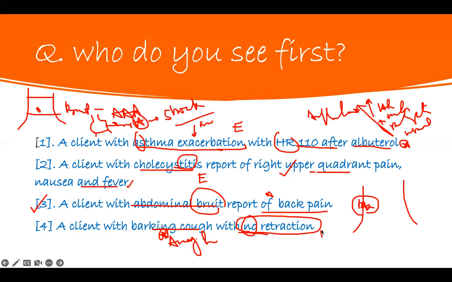So even though this may be a B problem, there's no retraction. So it's not struggling. So I would take the airway, the breathing patient over this one. Even this is the airway issue, there is no evidence that it is struggling with that. So no breathing. So the answer should be B. No, three.